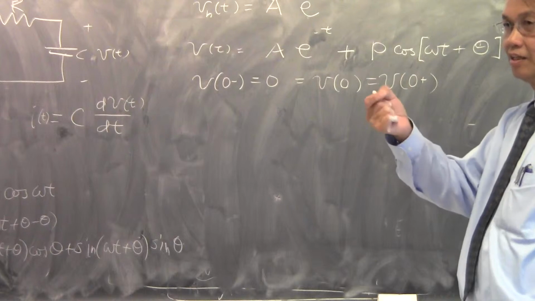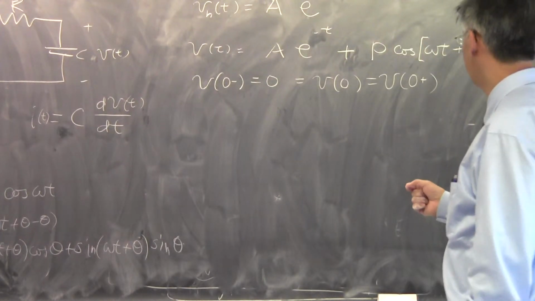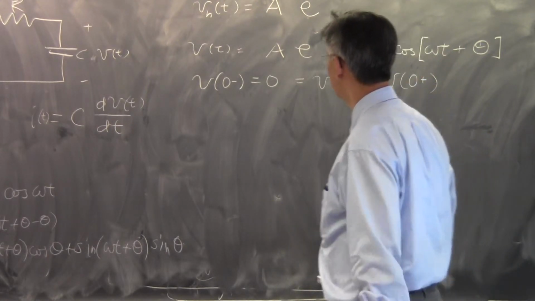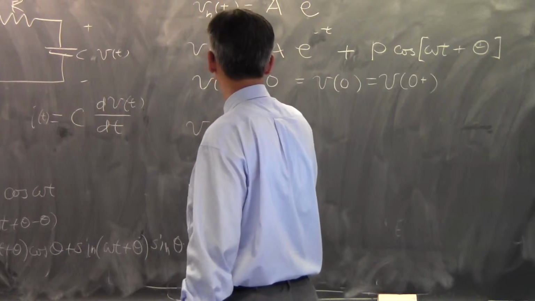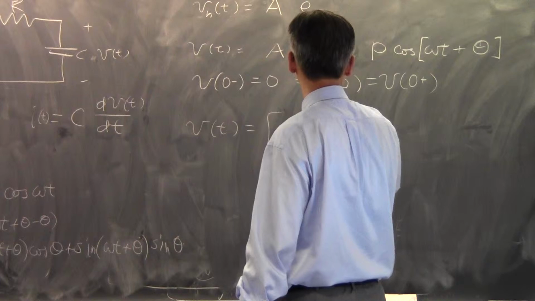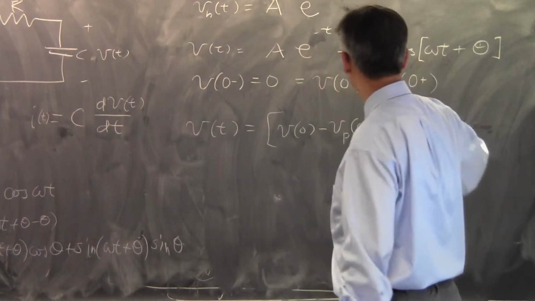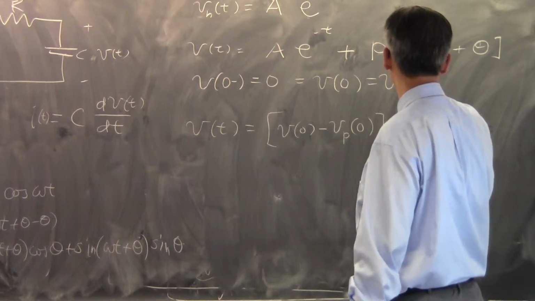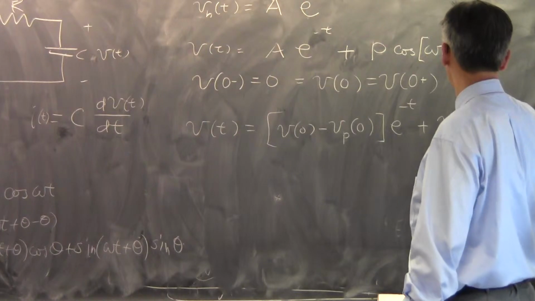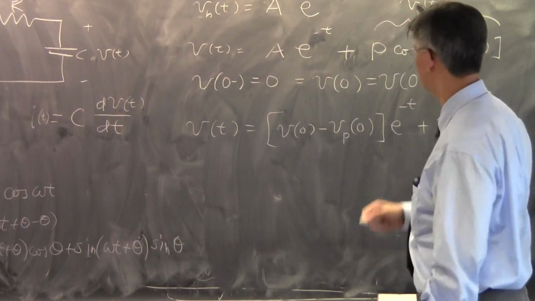0 is the value right at the origin, 0 minus is the value right before it, and v of 0 plus is the value after it. So we can write v of t in a more suggestive form: v of 0 minus the particular solution at 0, which is a continuous function of time, times the homogeneous term, plus this particular solution as a function of time, which I just call v p of t.